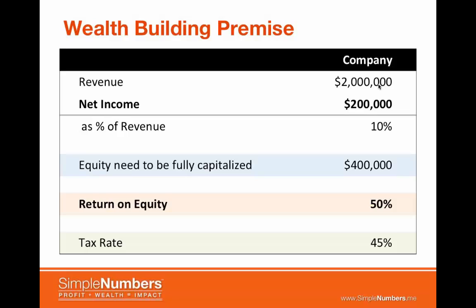Now here's the thing, when you have a business that is at 10% profit and you're fully capitalized and you make $200,000 net income, guess what?